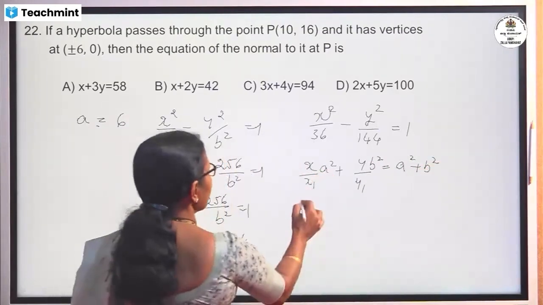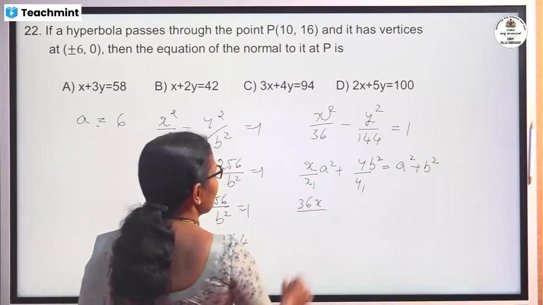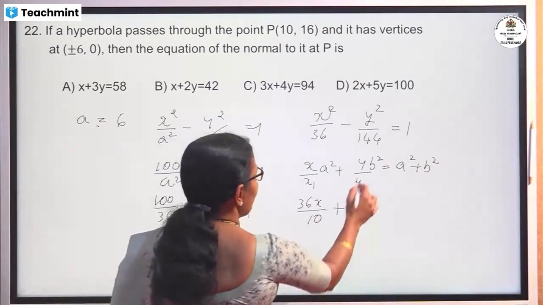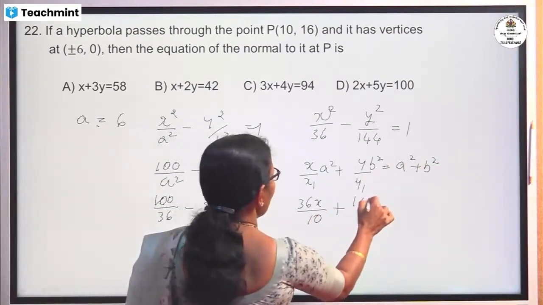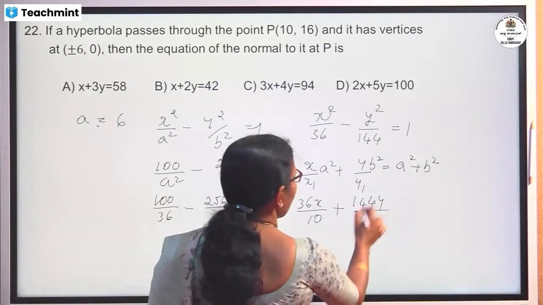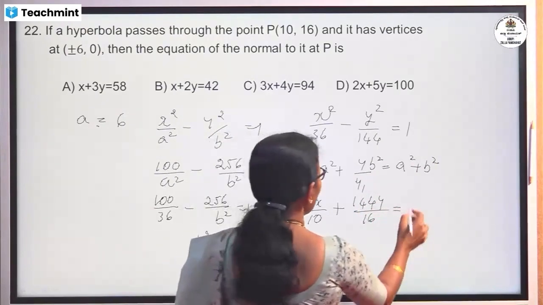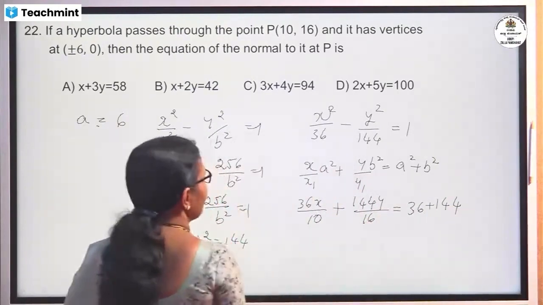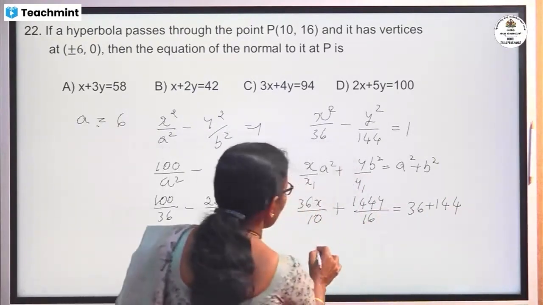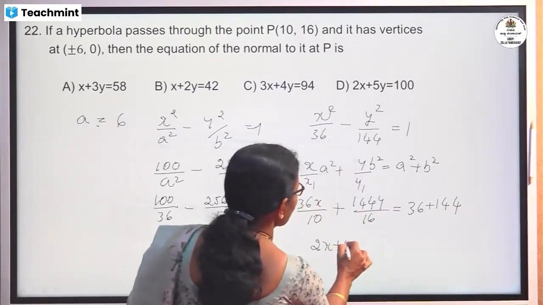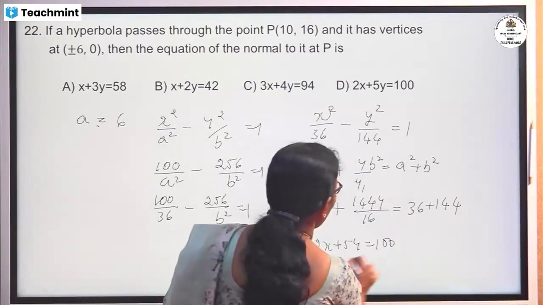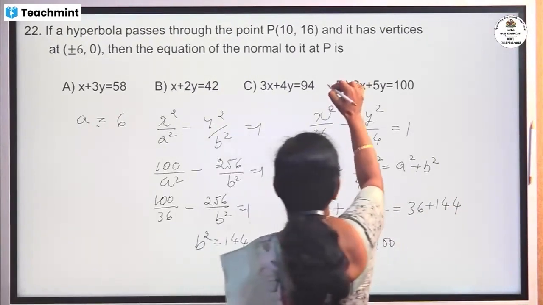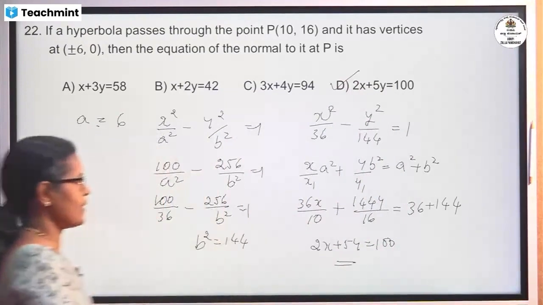Substitute here 36x divided by 10 plus 144y divided by 16 is equal to 36 plus 144. When we simplify this, we get the equation 2x plus 5y is equal to 100, which is the correct answer. That is option D.